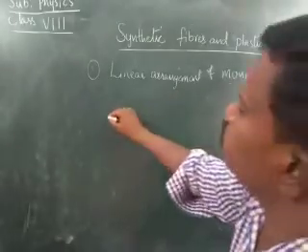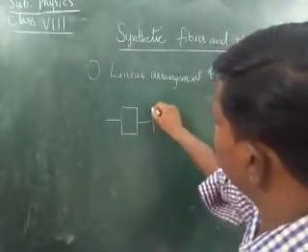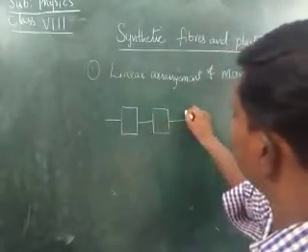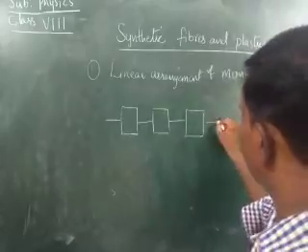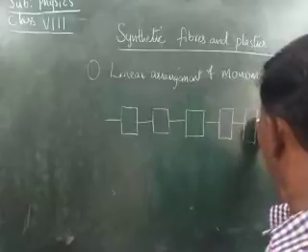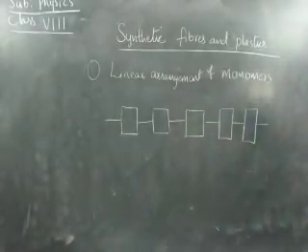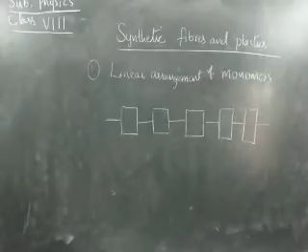What is the linear arrangement of monomers? It will be like this, children. Linear means straight. If they are arranged one after the other in a straight line, then they are called the linear arrangement.